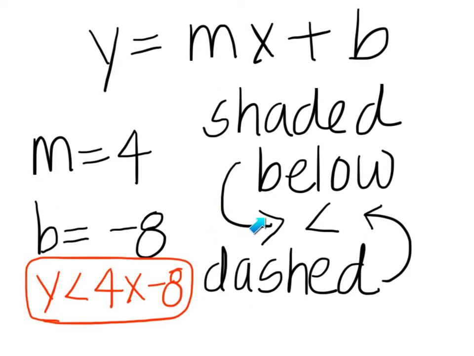Since our graph was shaded below the line, that means less than. And since it was a dashed line, it stays at plain old less than, no equal to. So y is less than 4x minus 8.